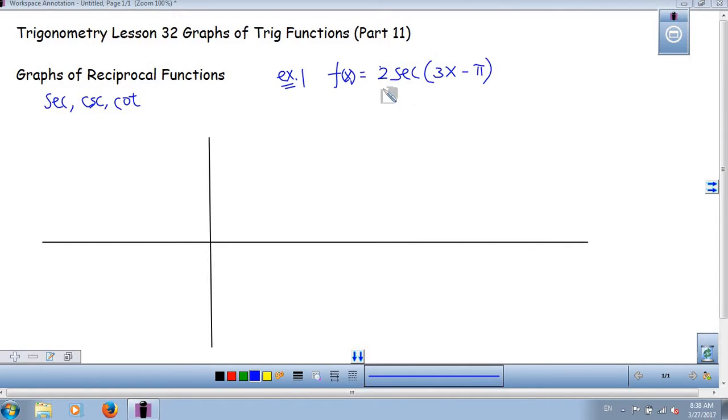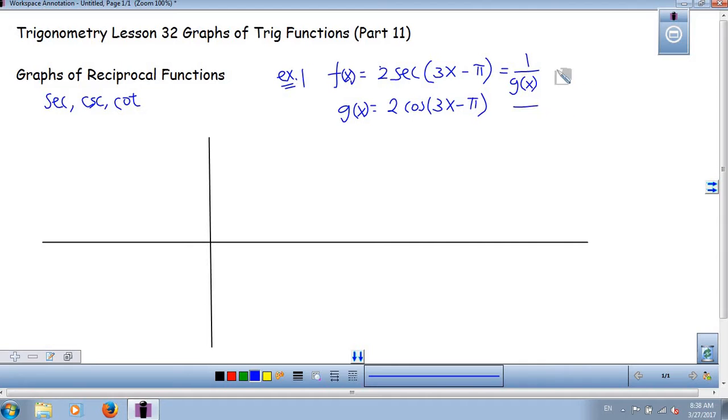This is the reciprocal of another function, a cosine function. So let this be the reciprocal of g of x, and let's write g of x. g of x is going to be 2 cosine of 3x minus pi. Because we know secant and cosine are reciprocals, we can graph the cosine first. We know how to sketch cosine. Once we sketch the cosine, then we can sketch the secant based on the cosine.